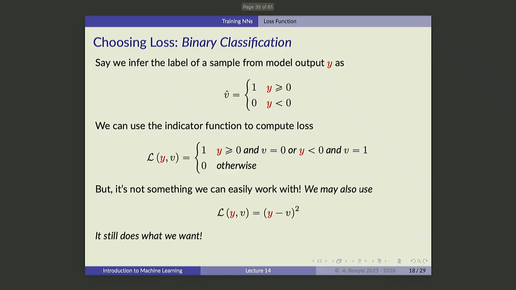And instead of doing that, people might think about this particular choice, y minus v, like the square norm, or sorry, a square error. Now, if I use this one, and here, again, think about y to be the output of your sigmoid, do you think that this is going to give me a good choice?